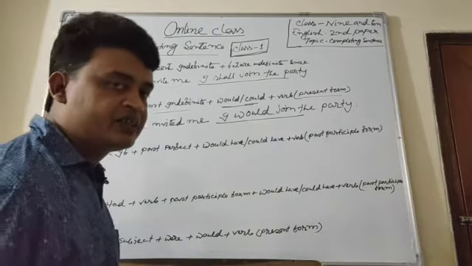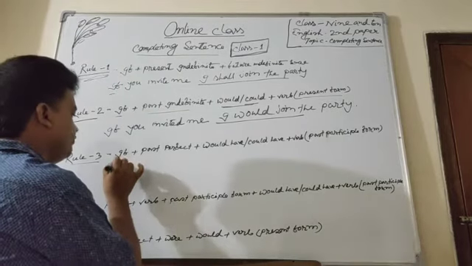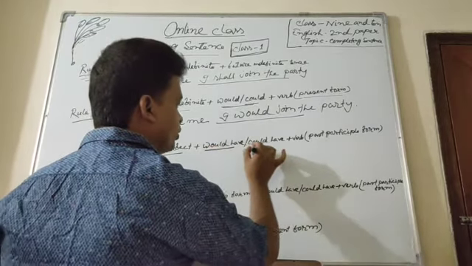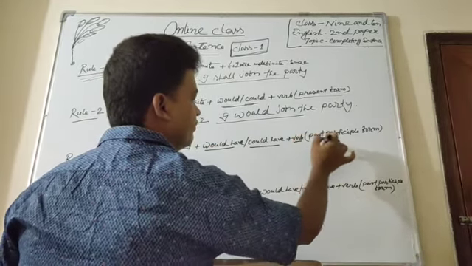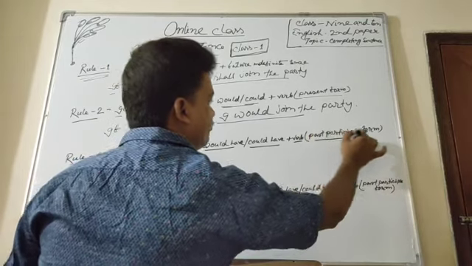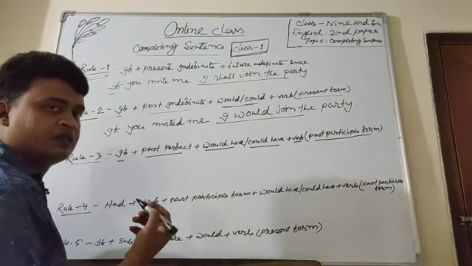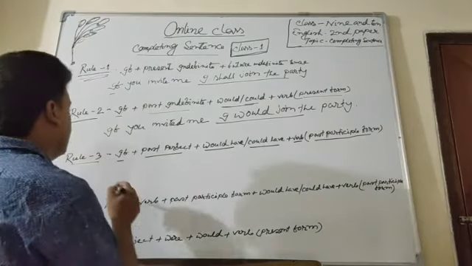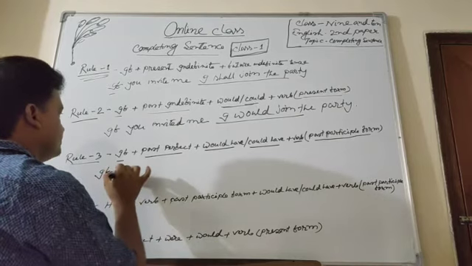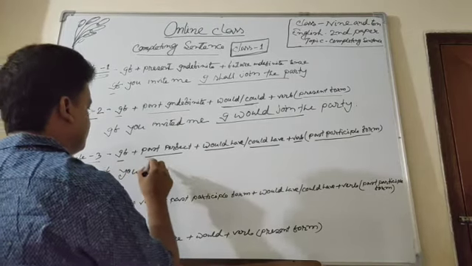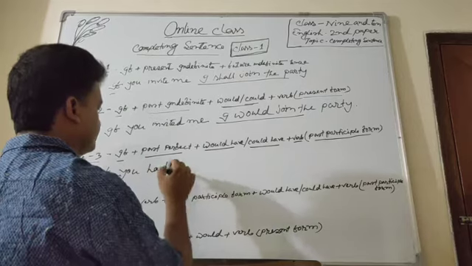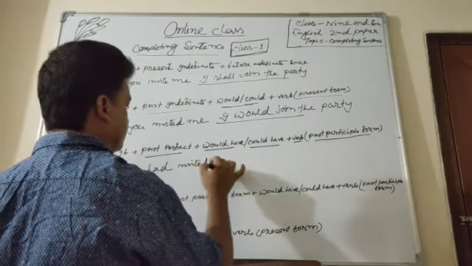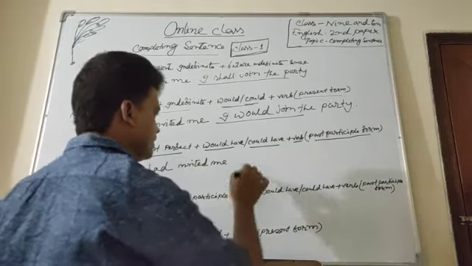And our next rule: if plus past perfect plus would have or could have plus verb past participle form. I would like to give you an example. If you had invited me, and then blank.